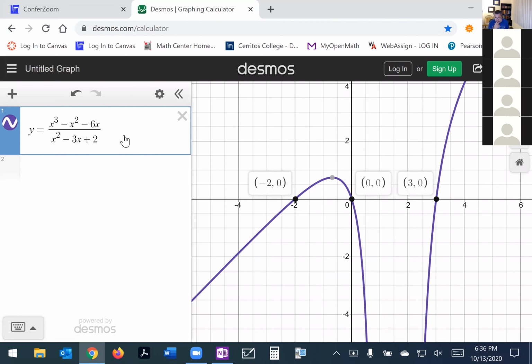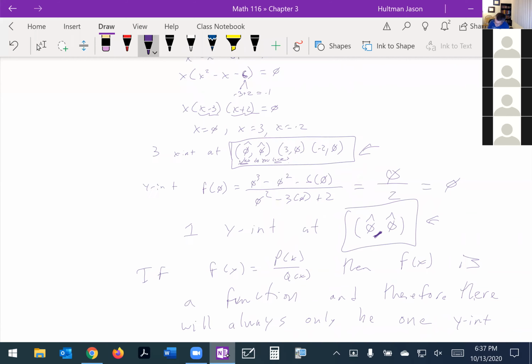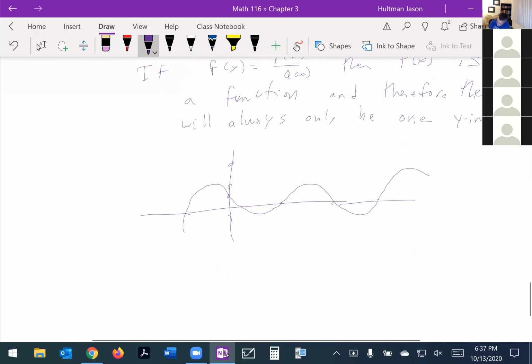Okay, let's bring this all together, and let's do some graphing here. Let's go back here and get rid of this guy because it's not the graph that I had.